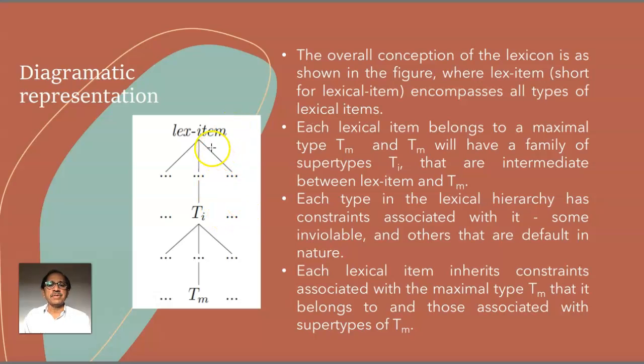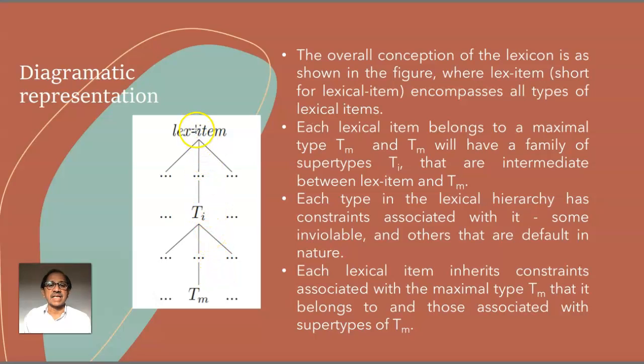And each type in the lexical hierarchy has constraints with it. Some are inviolable and others are default in nature. So each lexical item inherits constraints associated with the maximal type and also subtypes which the maximal type contains.